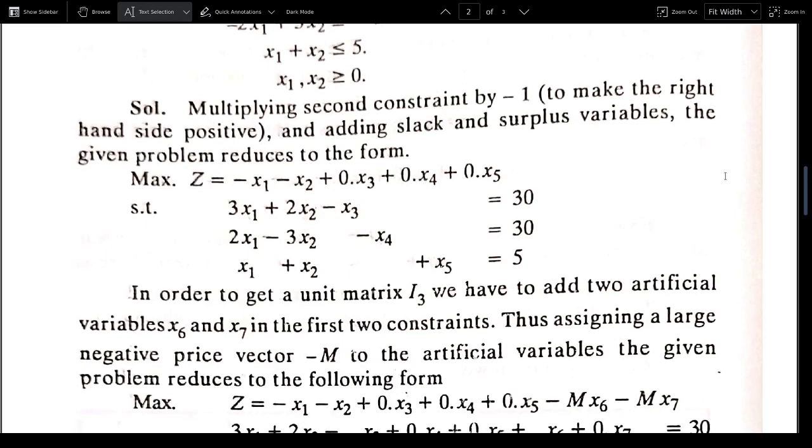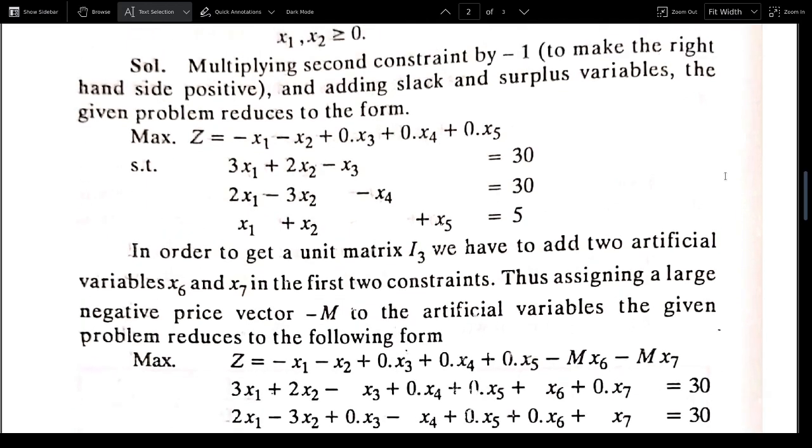Here you see the first constraint has the sign greater than or equal to, the second constraint after multiplying is greater than or equal to, and the third constraint is less than or equal to, right? If a constraint contains the greater than or equal to symbol, then which variable do we use, slack or surplus?